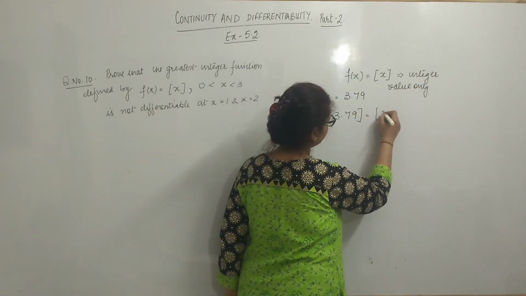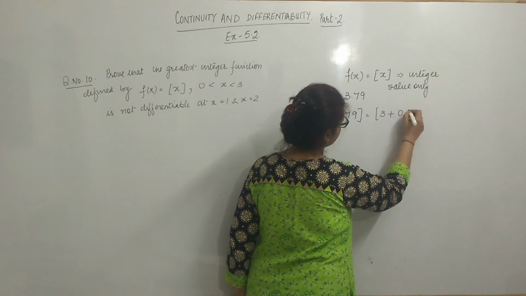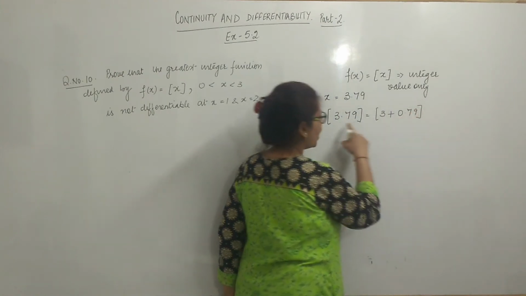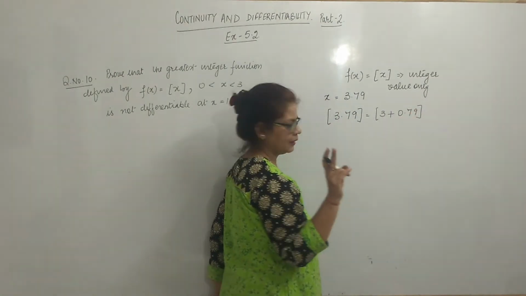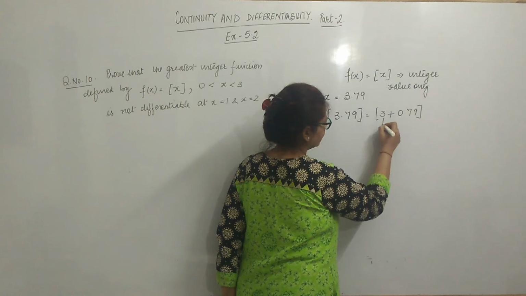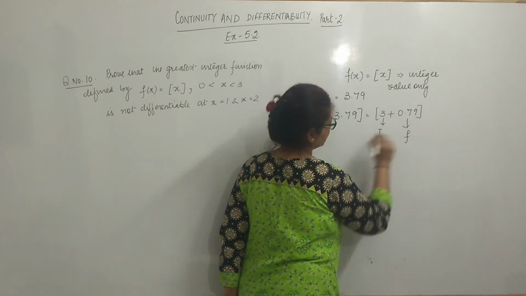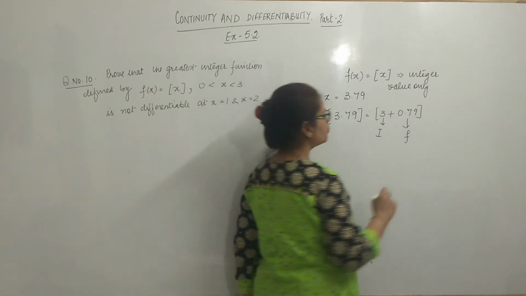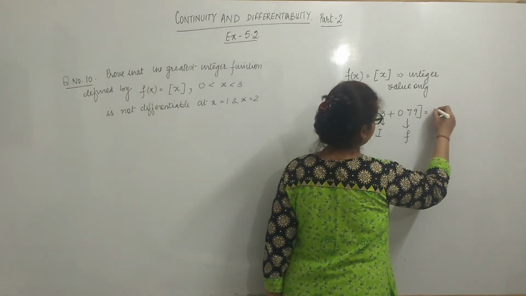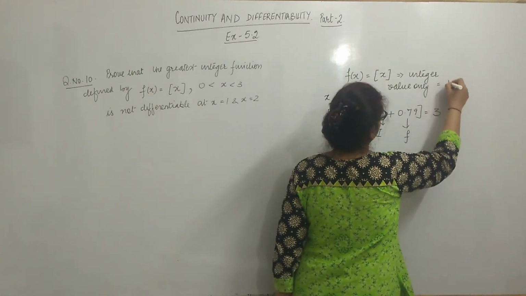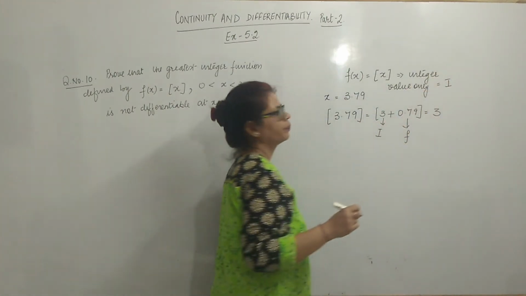How come? 3.79 can be broken in two parts, 3 plus 0.79. हम इसके दो टुकड़े कर सकते हैं. One is integer part and second is fractional part. And your output is integer part only, that is 3. Integer part.